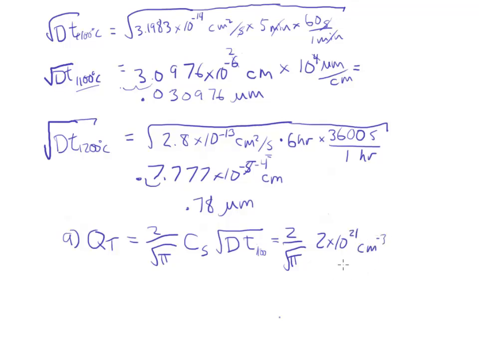They said that that was the value from figure 2.4 for the solid solubility of arsenic in silicon, and so that's where that value came from, how much arsenic can be dissolved in silicon, and then times this value up here.